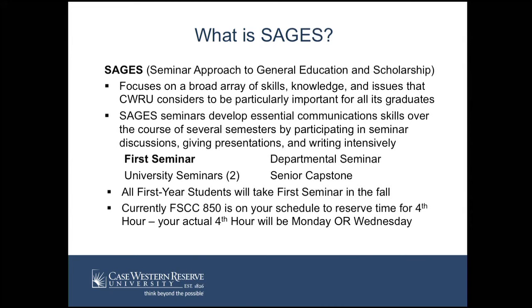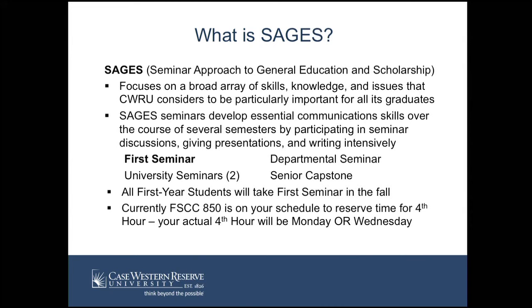All students who come in will take a first seminar this fall semester. That's your first seminar in the SAGES curriculum, where you'll be focused on presentation skills, participating in seminar discussion, and writing intensively. That first seminar is followed up by 2 university seminars. These seminars are going to be in different topic areas, but once again, we'll really focus on building those skills of participating in discussions, presentations, and writing intensively.